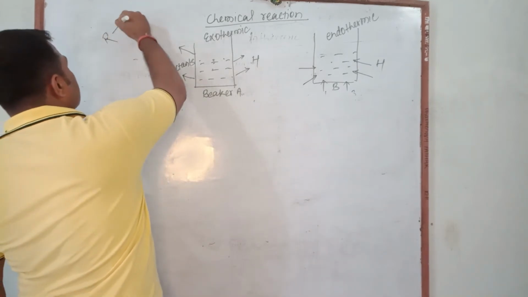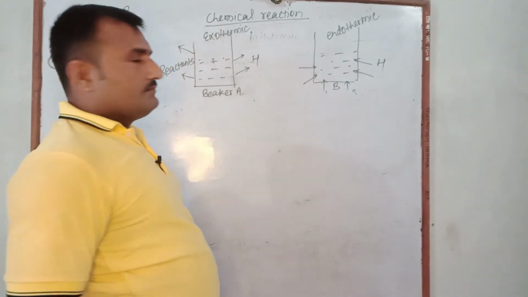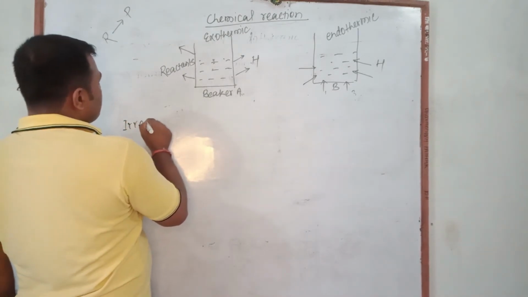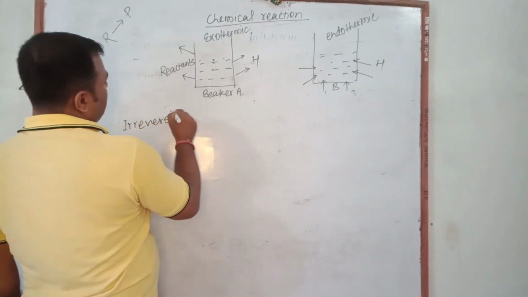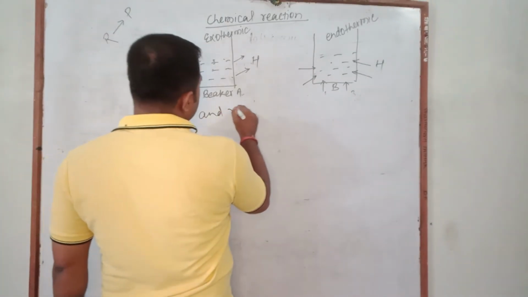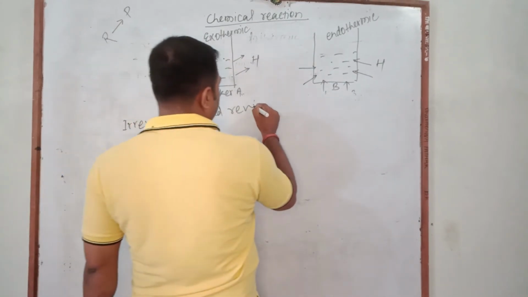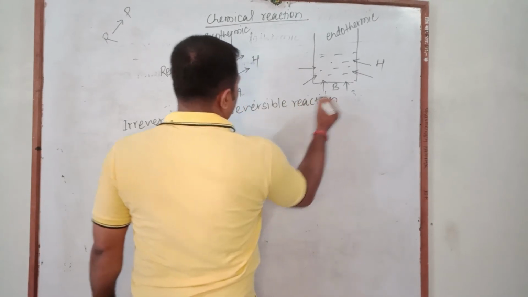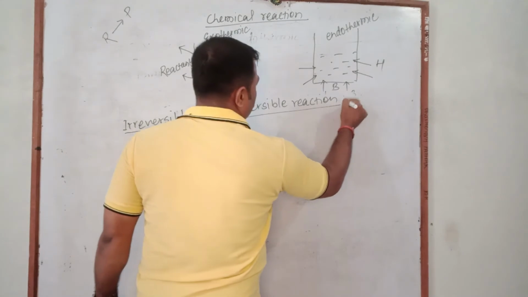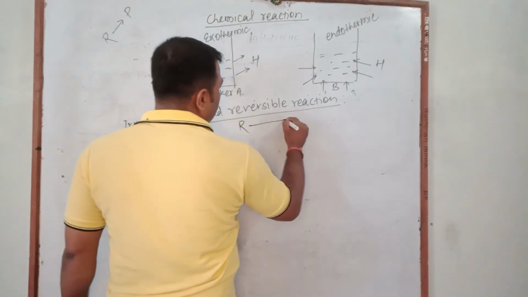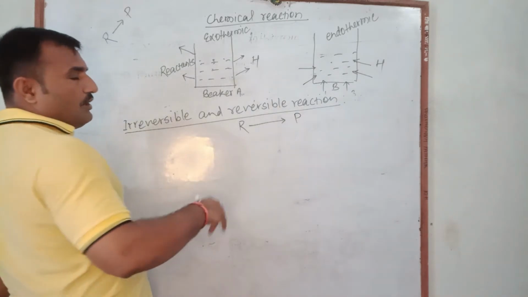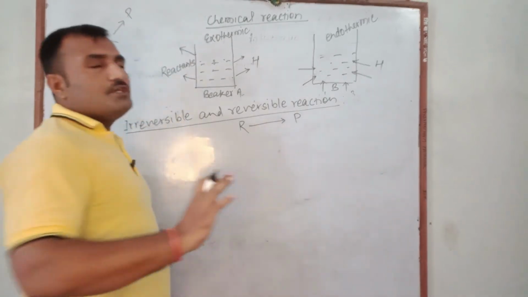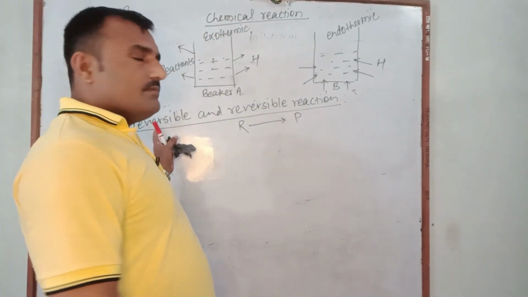We know that reactants change into products. If reactants only change into product, then it is called irreversible.